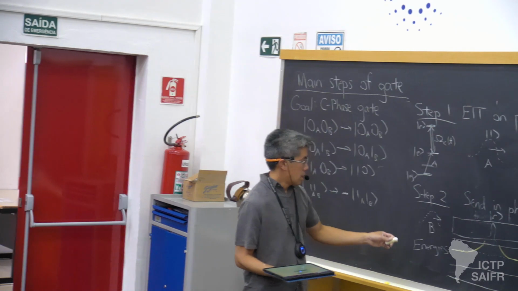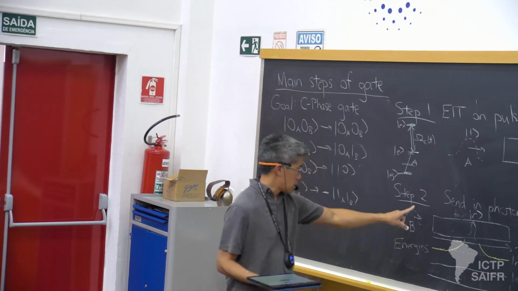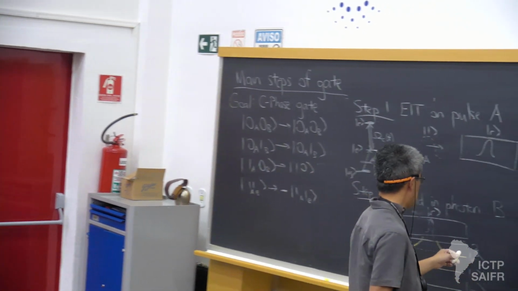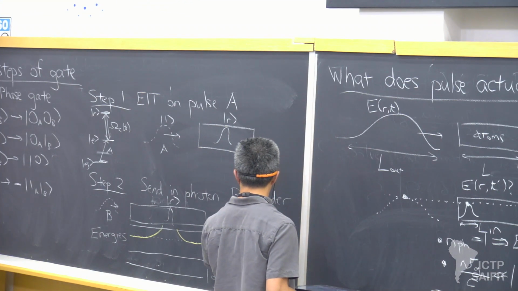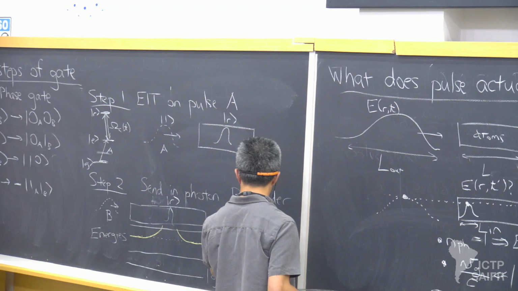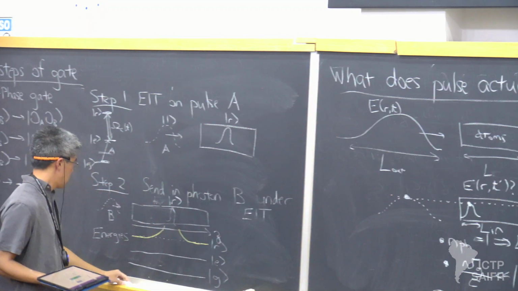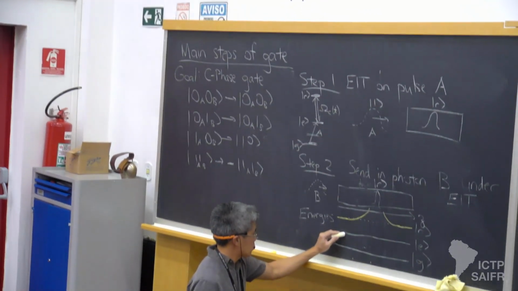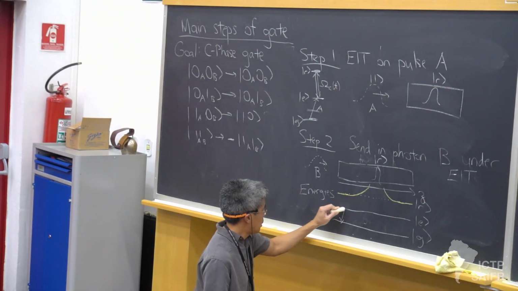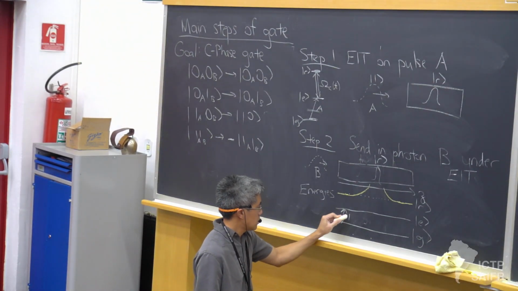Okay. And then the trick of step 2 is we're going to send in photon B, again under EIT conditions. So I'm going to try and send in photon B on the E to G transition.